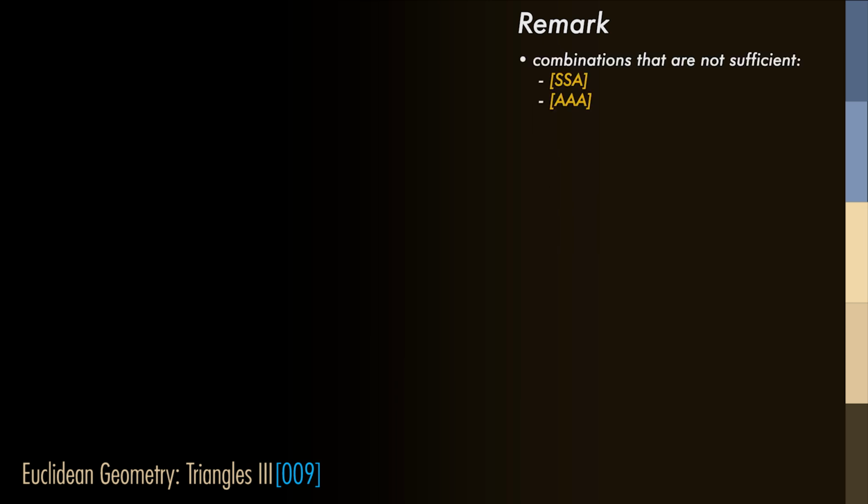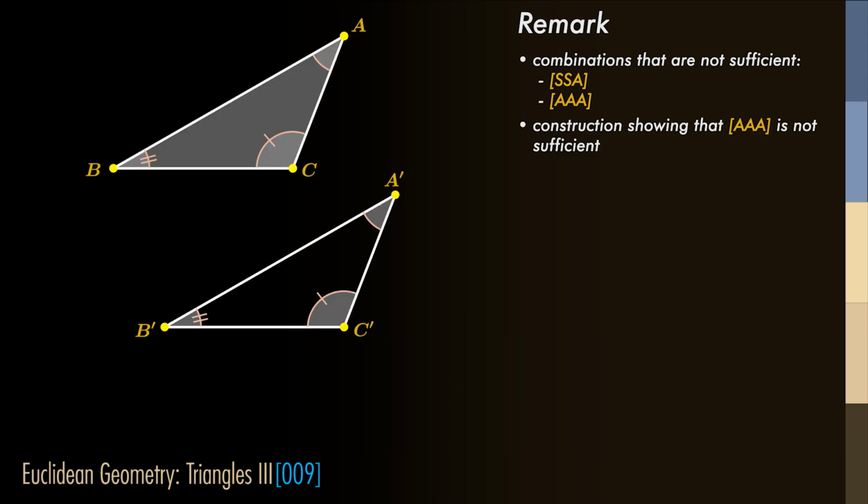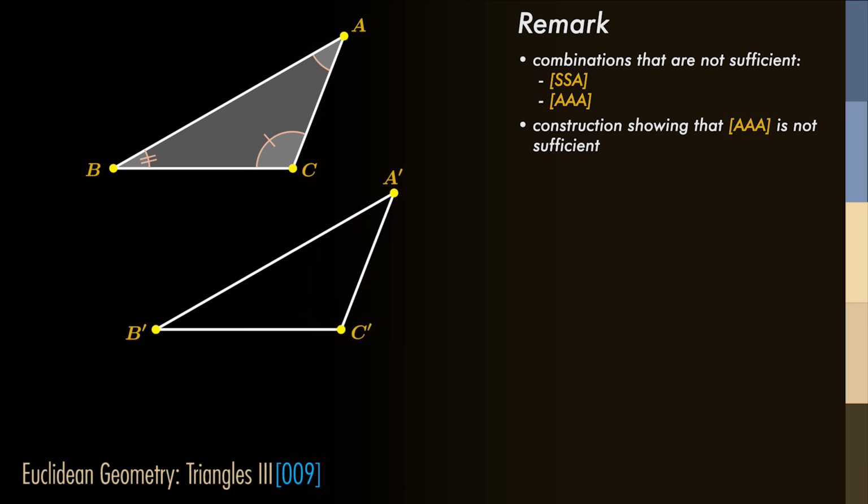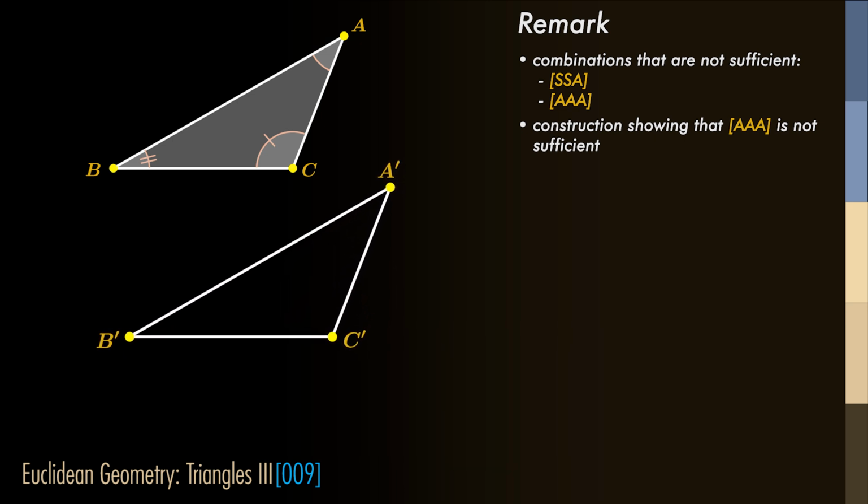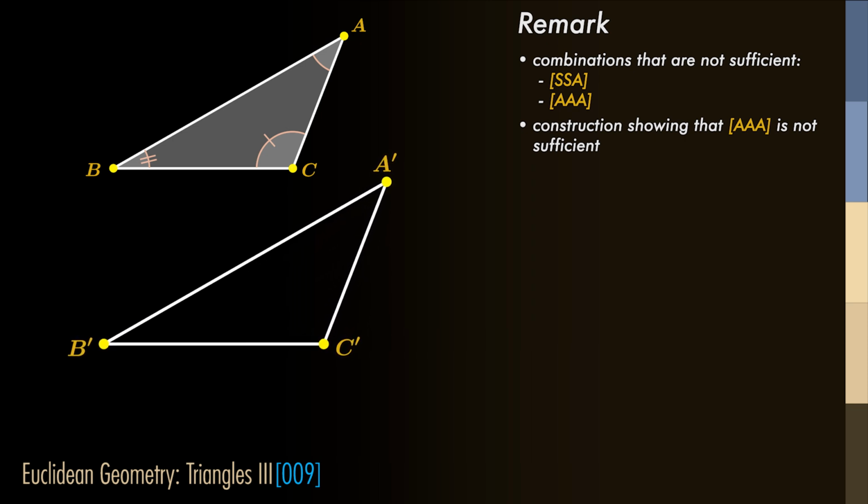Other combinations of three elements of a triangle do not lead to congruency. For instance, the AAA, angle, angle, angle case will not work because the triangle can change size while keeping the three angles the same. It's like zooming in and out of a triangle.